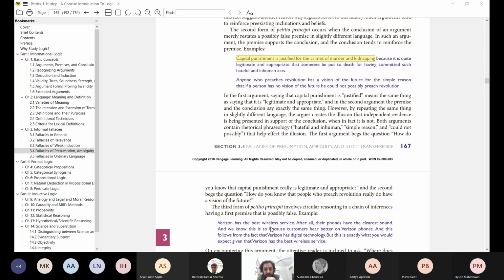That's it. If you establish that the premise and conclusion are basically saying the same thing, then by default, you've got a valid argument. And sometimes the term that's used to describe this, which you may have come across in maths also, is a tautology.